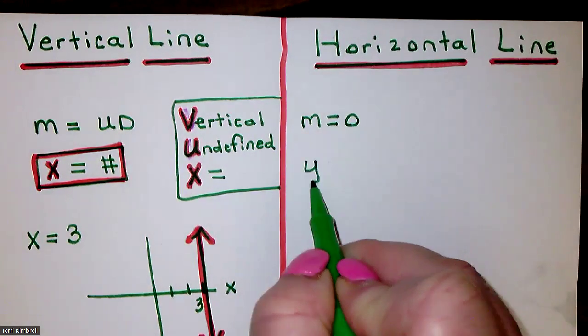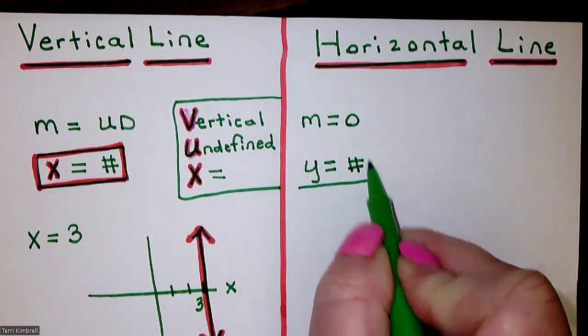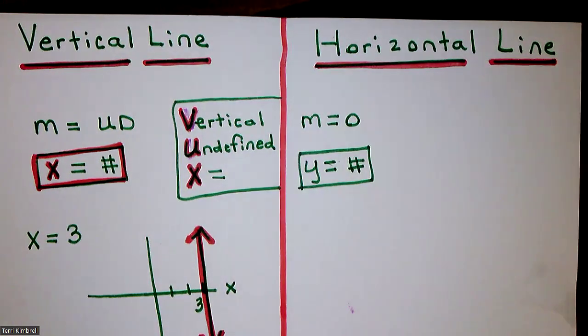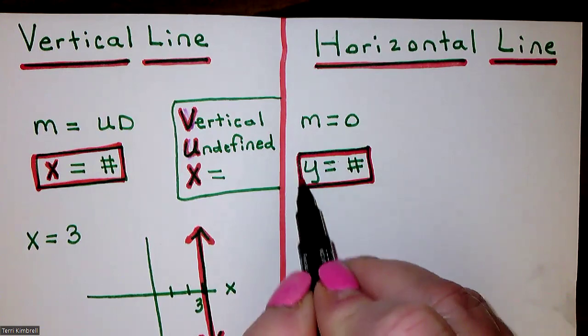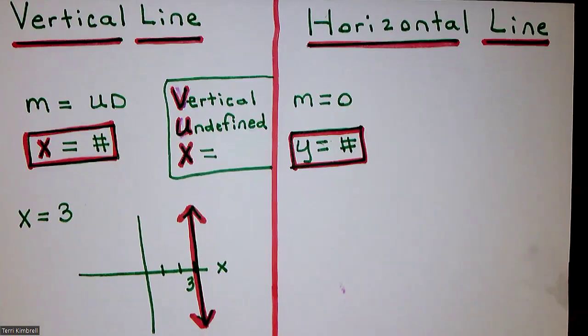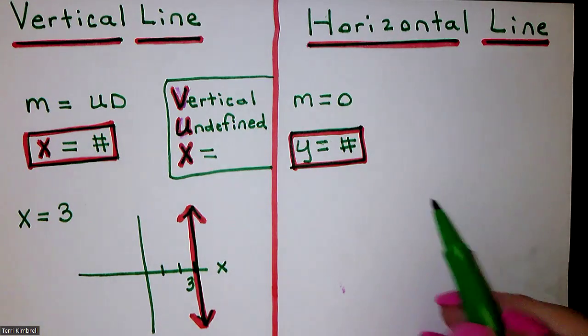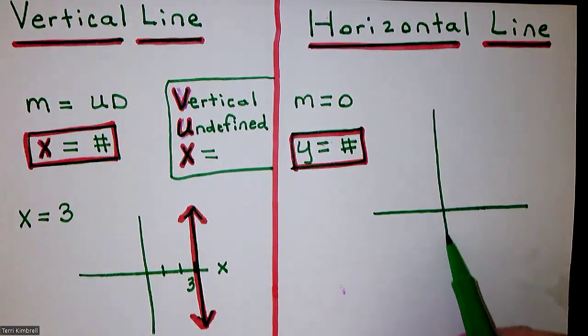The equation this time is just going to have a y with it and a number. You're not going to have 2 letters with either of these. So these would be kind of like special cases. If you only have one variable, it's either going to be horizontal or vertical.